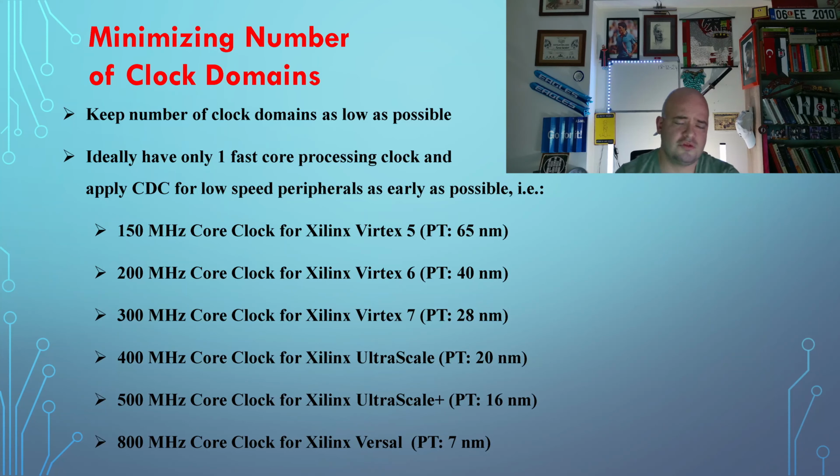But for the Xilinx Virtex 6 family, processing technology is now 40 nanometer. As you see, clock frequency is increasing a little bit. So also check the relation between the increase. It is like, for instance, 150 to 200 megahertz. You also see transistor sizes are getting smaller.